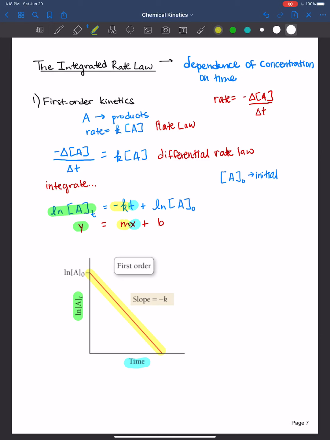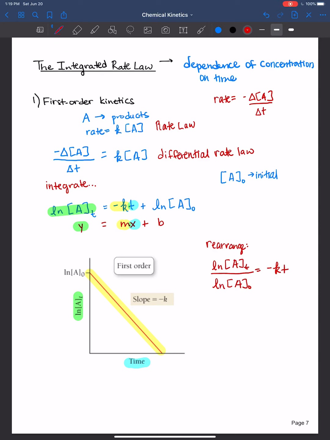Now, another way that we represent the first order kinetics equations, it's still the same equation, but just rearranged, is we write it as natural log of the concentration of A at a specific point in time over the natural log of the initial concentration of A is equal to negative kt.